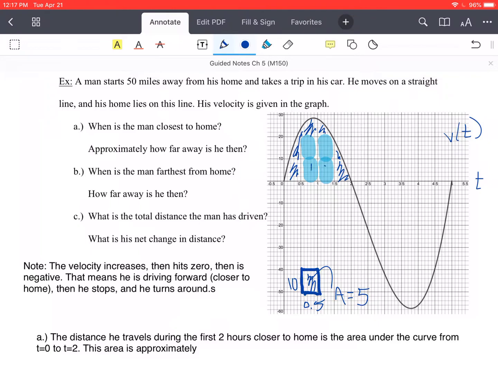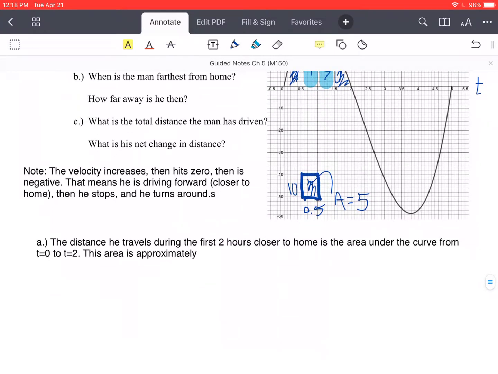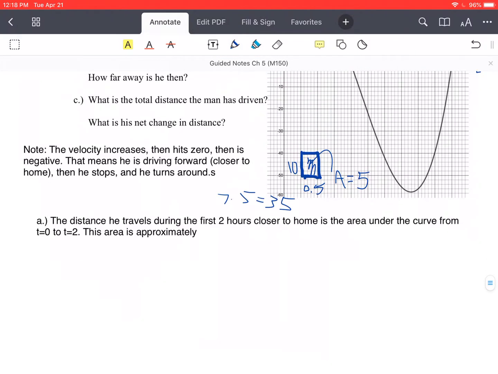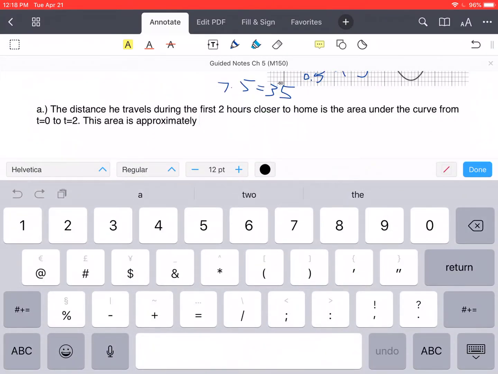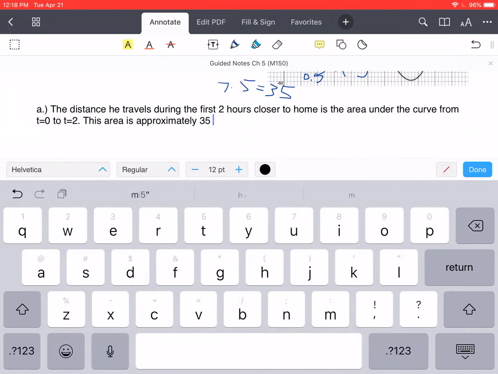So we're talking 1, 2, 3, 4, 5, 6, about 7 grid boxes going on here. If we have 7 grid boxes, that means 7 times 5, which is 35. That's our area of 35 underneath this curve.